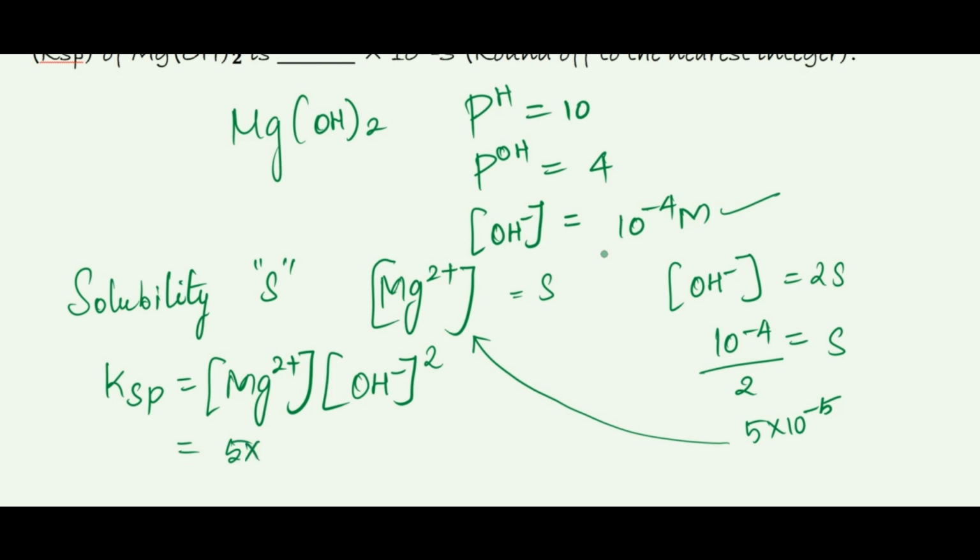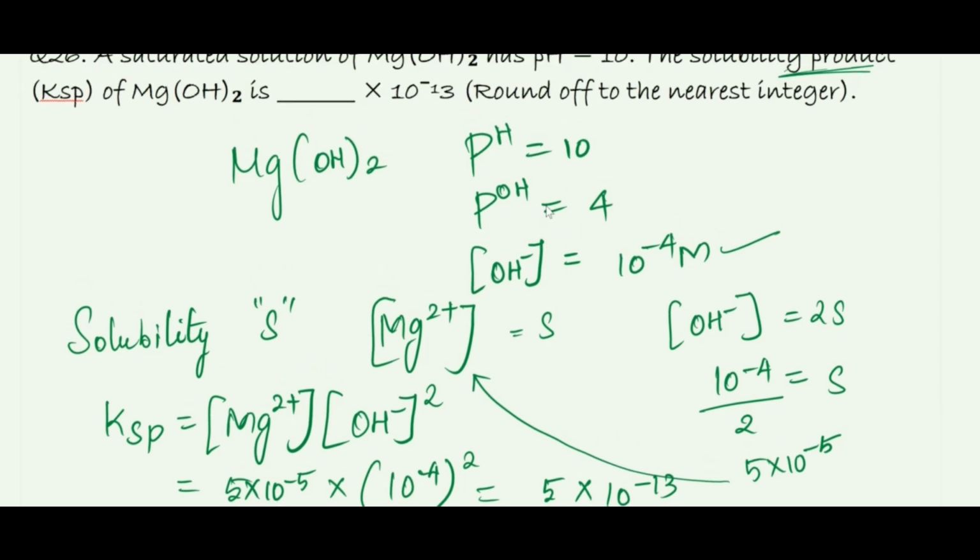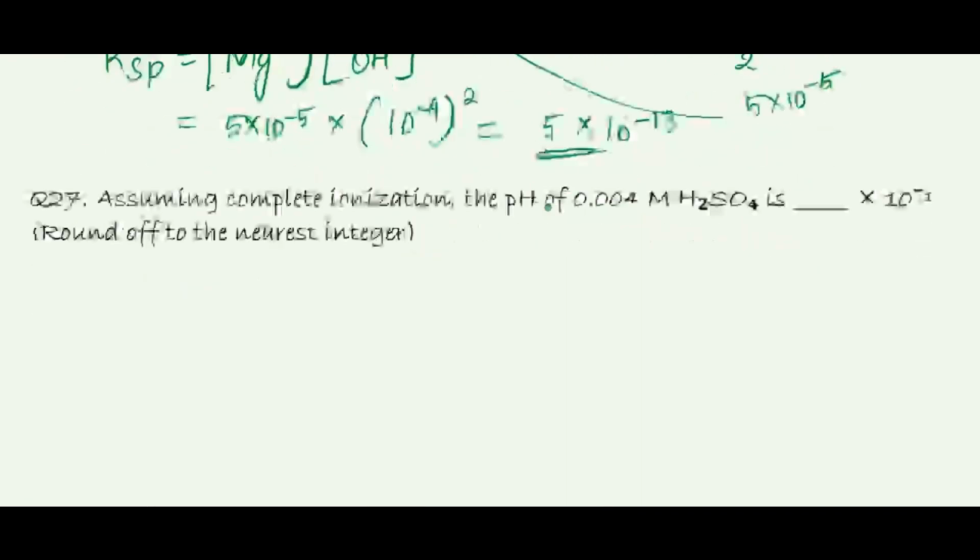Here I'm just going to substitute the values: 5 into 10 to the power minus 5, times 10 to the power minus 4 whole squared. I'll get 5 into 10 to the power minus 13. So in the question they were asking for the power of 10 to the power 13. So the answer to this question is 5.